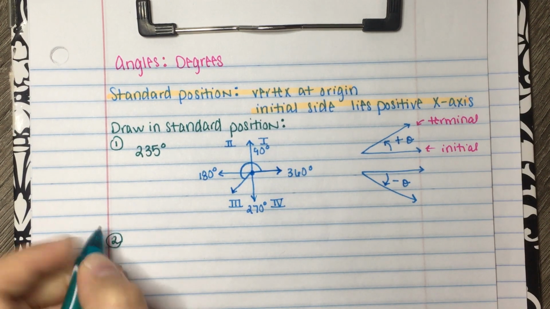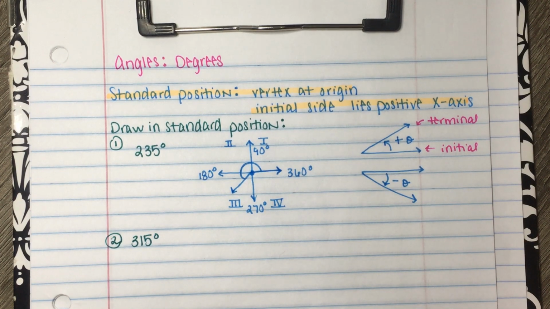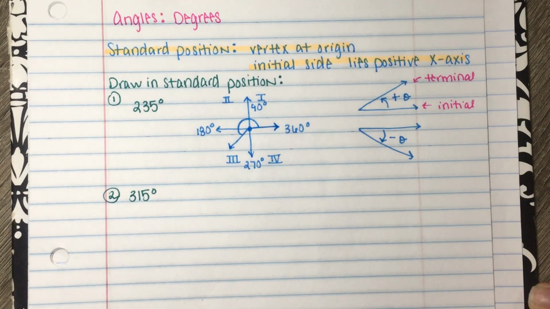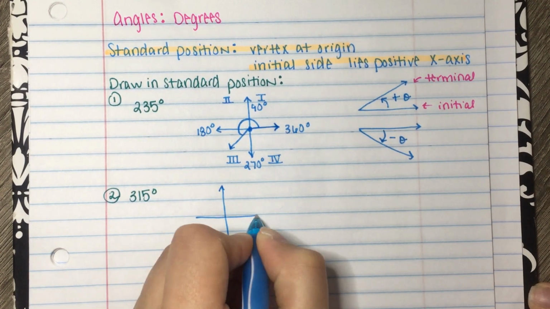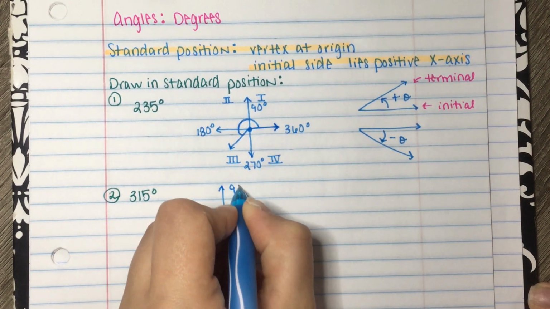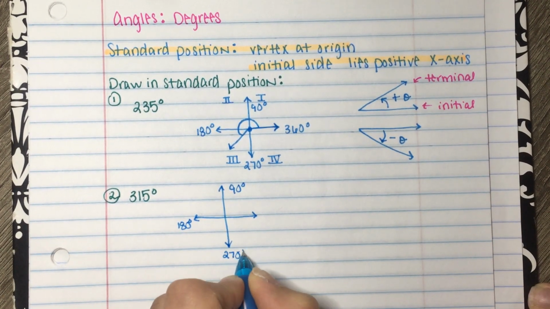Now we're going to take a look at number 2, and we're going to draw 315 degrees in standard position. So I'm going to start off here, and I'm going to label my 90, 180, 270, and 360.